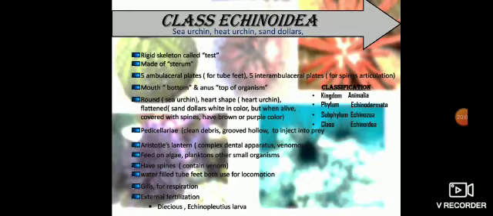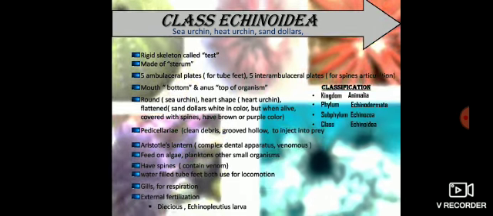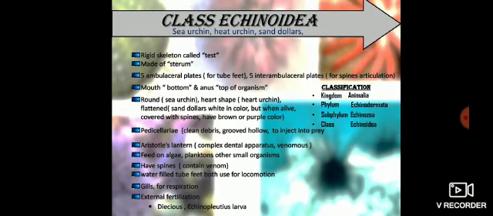Now the next class of phylum Echinodermata is the third class, Echinoidea. Class Echinoidea includes the members sea urchins, heart urchins, and sand dollars. They have a rigid skeleton, which is called the test, made up of the sternum.